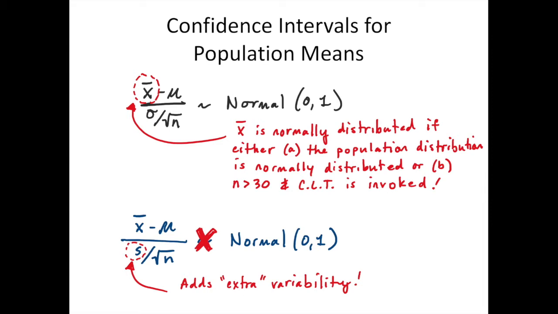The problem here is that replacing sigma by S introduces some extra variability. S is another statistic that is calculated on our sample, and therefore S has its own sampling distribution, which turns out to be not normally distributed, something called a chi-squared distribution. We didn't cover that in class, but there's extra variability here because S comes from a sampling process just like x bar.